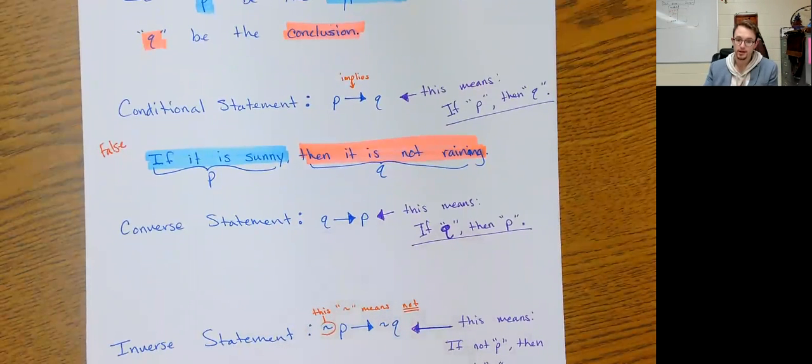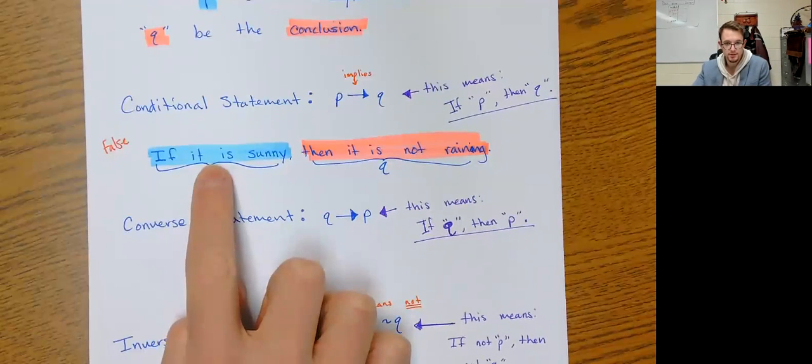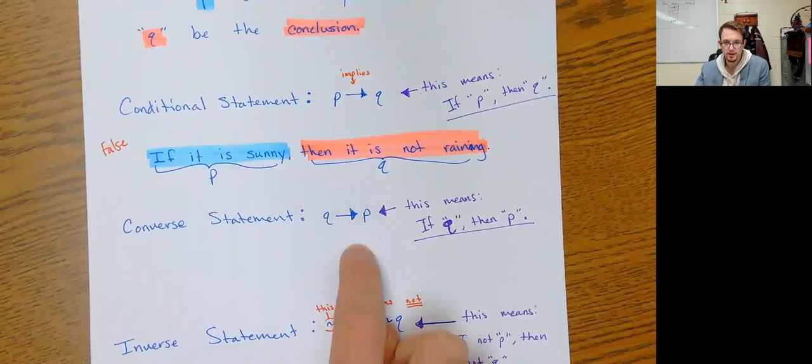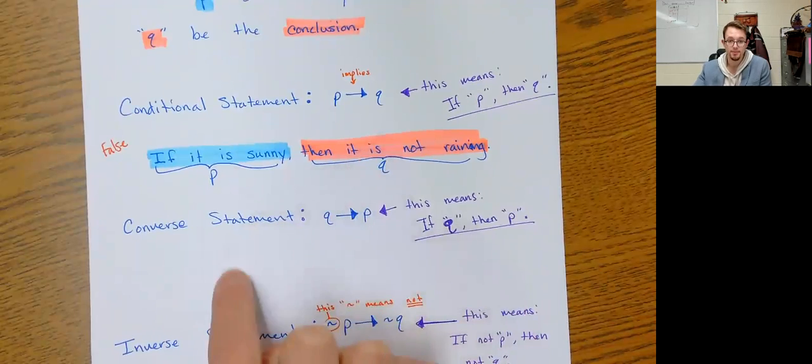We're going to write if Q, then P, and that is the converse. The converse flips the two parts. We're going to flip the hypothesis and the conclusion. This hypothesis becomes the conclusion, and this conclusion becomes the hypothesis.